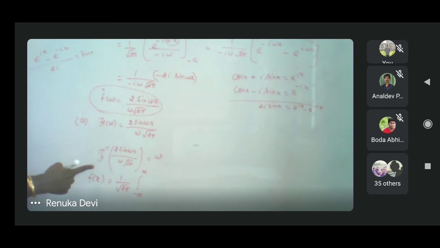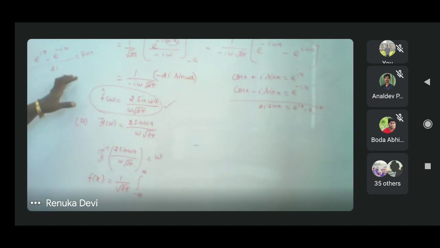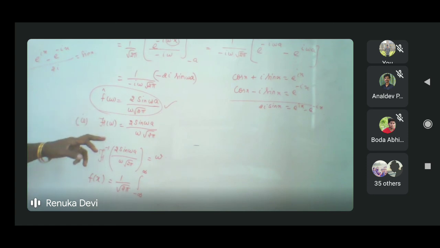Okay, if you want to find just a Fourier transform, with this the problem is over. But here we are asked to find the integral of sin x by x. For finding that integral, we are going to find the inverse transform.